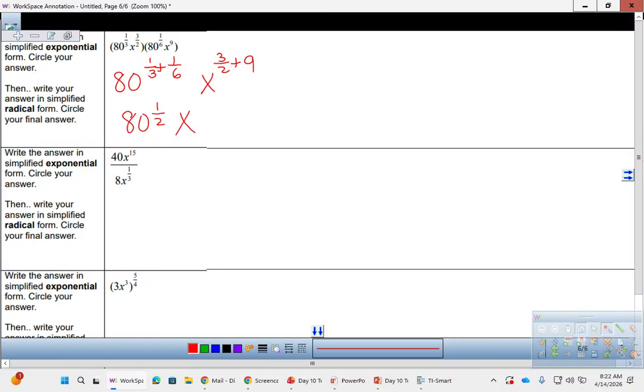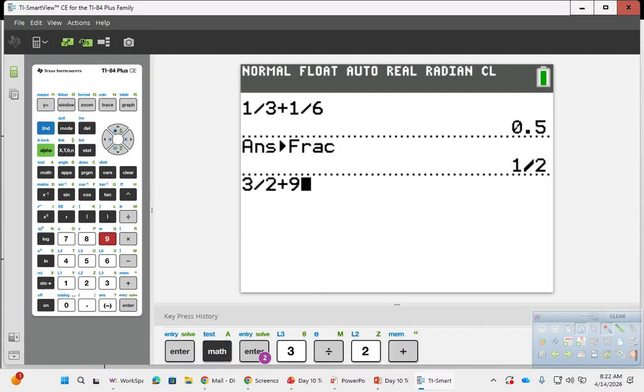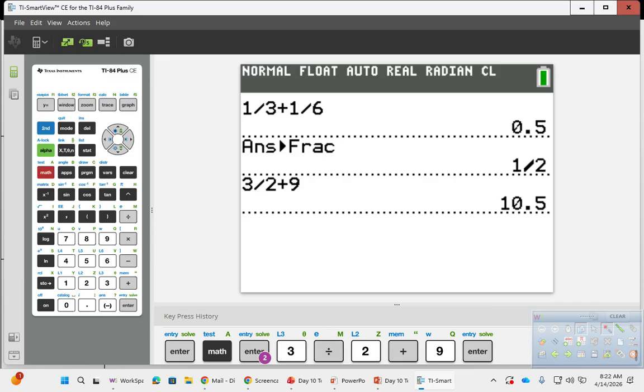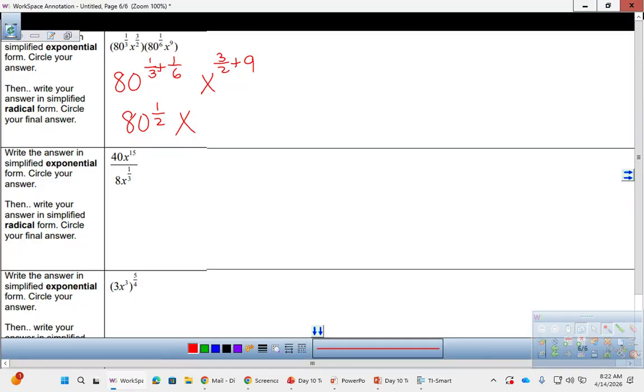And then I'm going to do 3/2 plus 9. And if we get a decimal like we do, 21/2. This is called exponential form. 80 to the 1/2 is still a decimal if you type it in. All right, so that's exponential form.